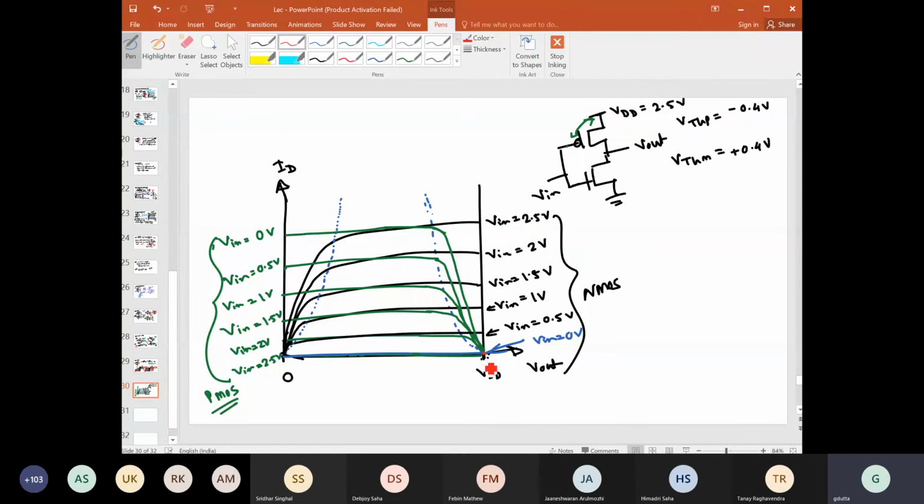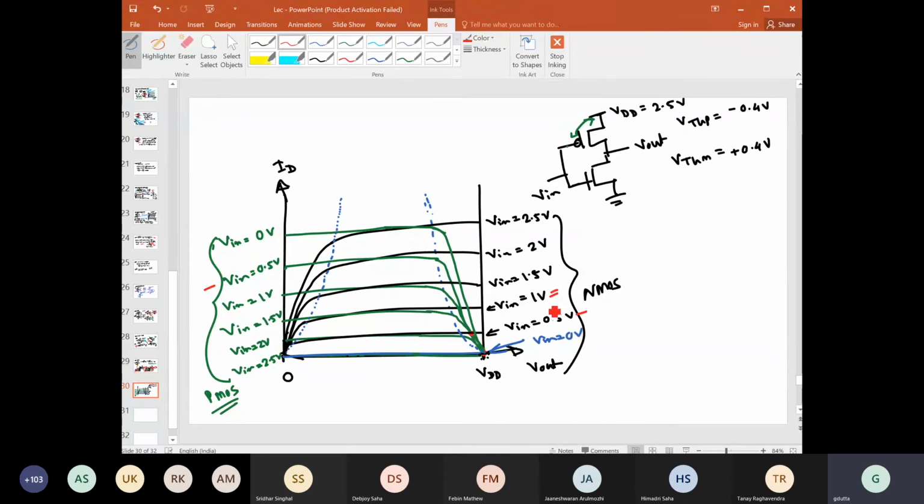They intersect here, so this is one of the intersect points. Next, when V in equal to 0.5, this one for NMOS and this one for PMOS. They intersect somewhere here. Okay, fine.